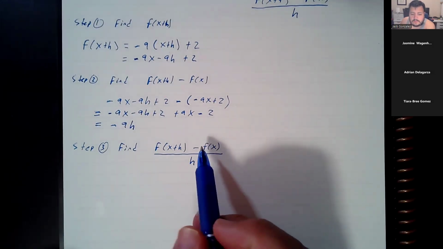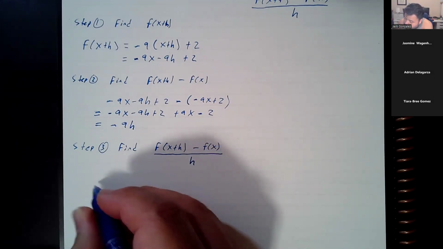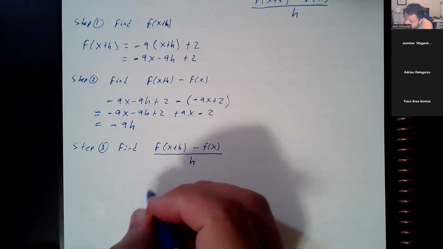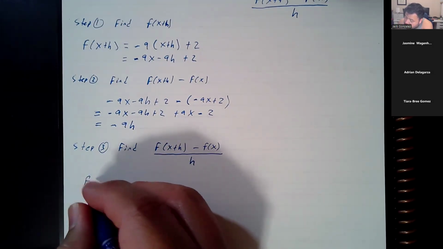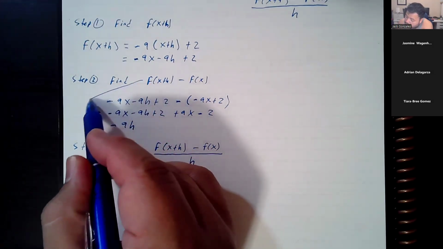So now they just want us to divide by h because we already did the top part, right? So that'll be this, right there, just an arrow.